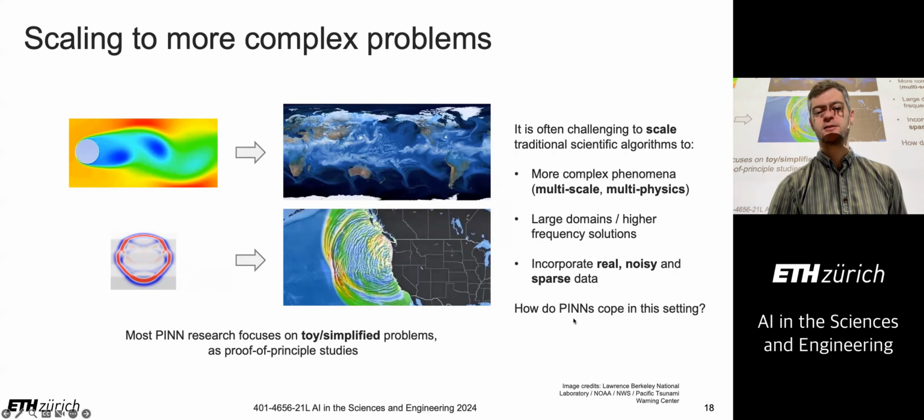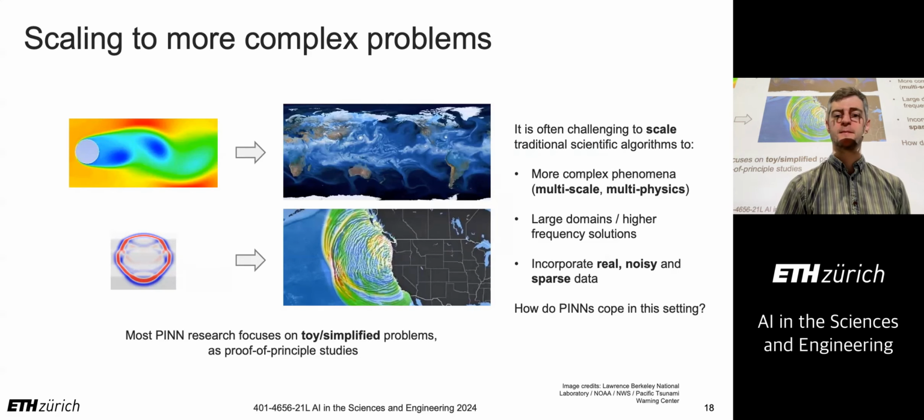This is a very valid question: how do PINNs, or more generally these scientific machine learning techniques that we're studying, scale to these types of problems? Our traditional algorithms often really struggle in these settings. So, as we add more multi-scale, multi-physics components, as we add higher frequencies, when we start to think about real, sparse and noisy data.